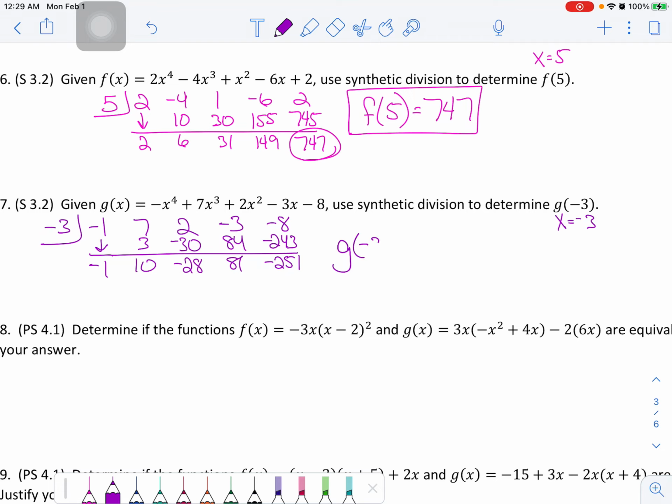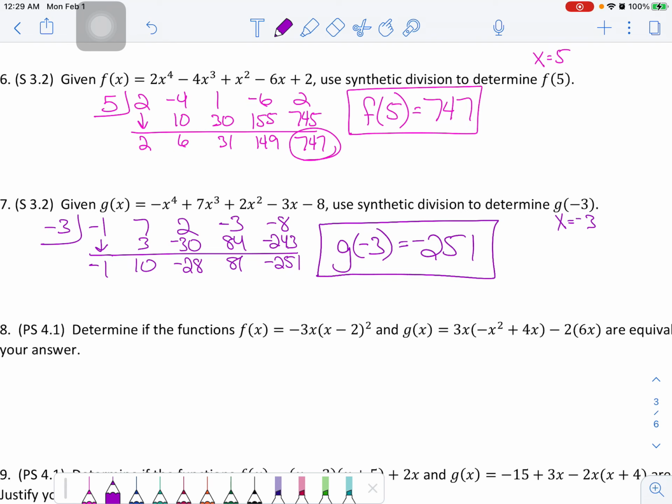So g of -3 is equal to -251. Now I am going to double check that using just my regular function notation, replacing all of the x's with -3s, just to make sure I didn't do anything goofy along the way or lose a sign or a symbol.